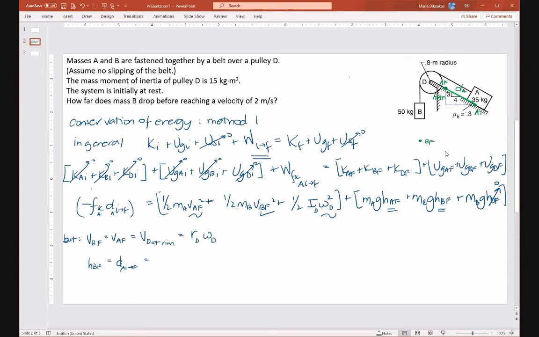No, guys, you're overcomplicating things. You have HAF and you have DA. You have to relate those two. How are you going to relate them? DAF and HF, how are they related? It's a similar triangle.